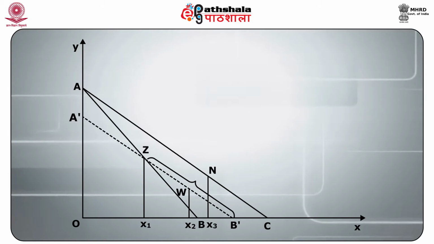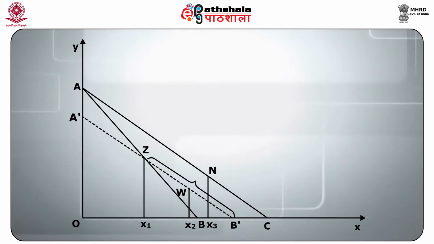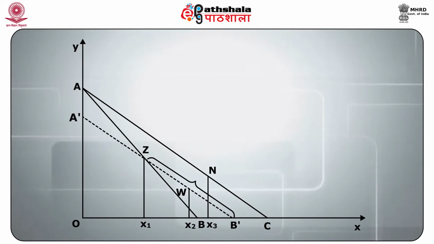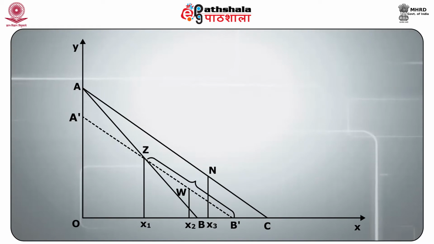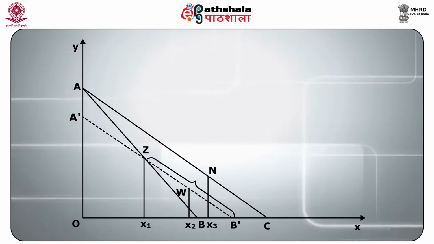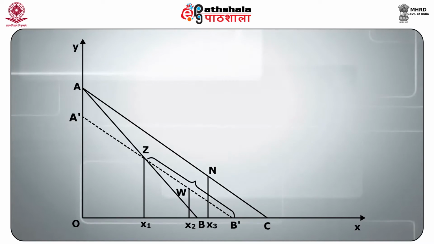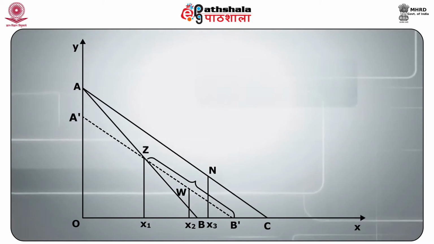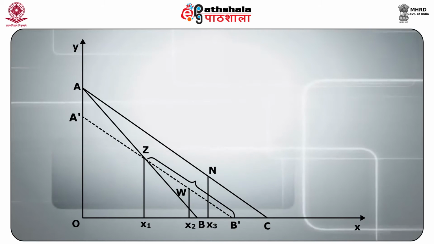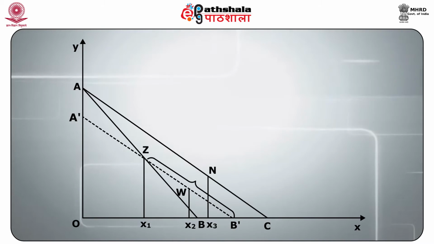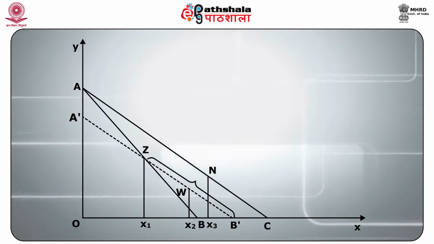Now if the consumer considers W, then the quantity of X would now be X2, and hence it is clear that under such circumstances, when the price of X has fallen, the consumption of X has increased from X1 to X2.